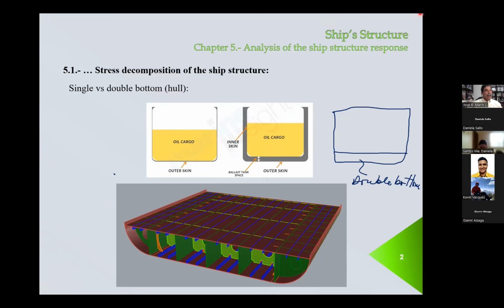Let's go on now. One thing which is very important is that there are two ways to build the structure of a ship. That's what we call the framing systems.